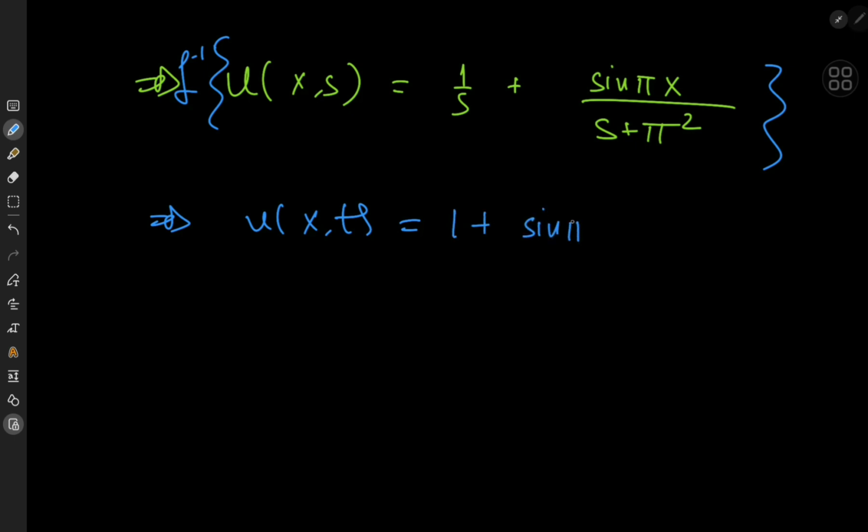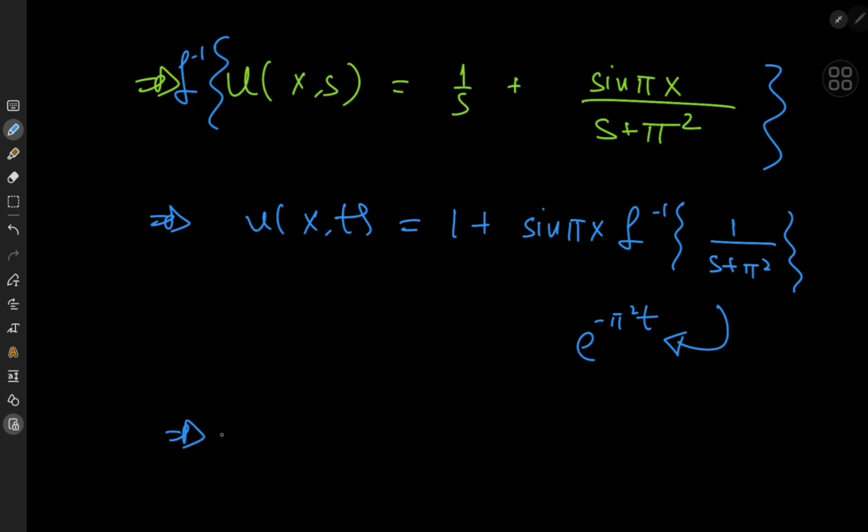And we have sine of pi x times inverse Laplace of 1 by s plus pi squared, which we recognize as e to the negative pi squared t from our table of Laplace transforms. So we have the temperature function u of x and t being equal to 1 plus e to the negative pi squared t times sine of pi x, which is a pretty cool solution indeed.